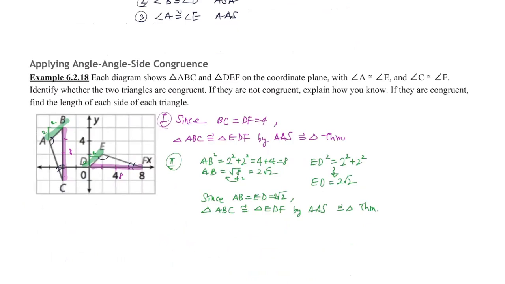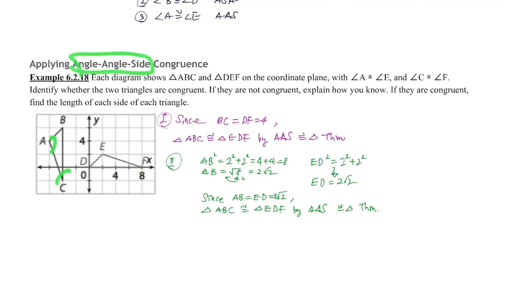And the last question over here, guys. So I marked all these up right here, right? Let me just cut that out for a second. And then we had this in a coordinate plane. We know that A and E are the same. We should mark that up. C and F are the same. We should mark that up. Wait a minute. If these two angles are the same, look at the context, guys. We're learning angle, angle, side.